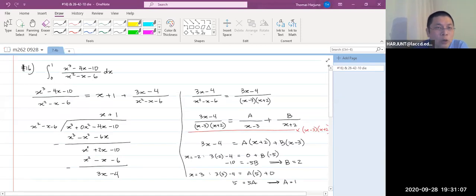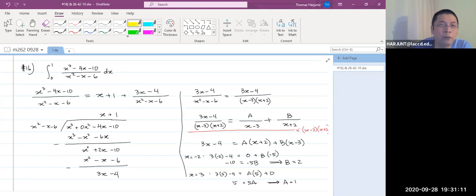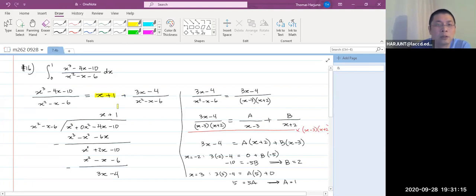In other words, if it is improper, all you need to do is actually divide it. When you divide, you will get a polynomial and a rational expression, which is proper. Now when you do partial fraction decomposition, you do it on the proper part.